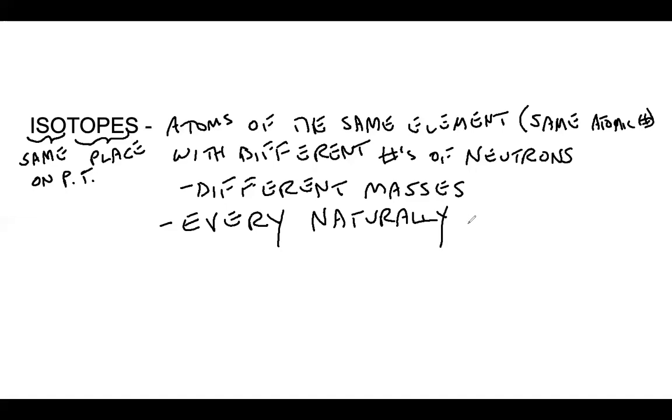They're all made in particle accelerators. So every naturally occurring element has isotopes. And sometimes that's really important, and sometimes it really is not important at all. And we're going to look at why. We're going to look at the different types of isotopes.